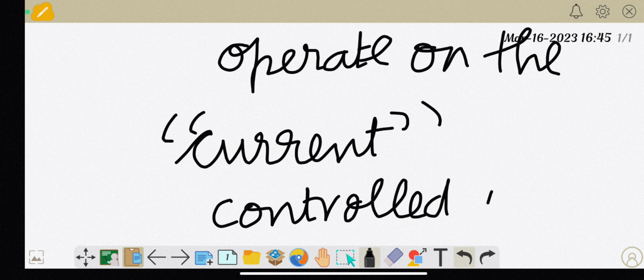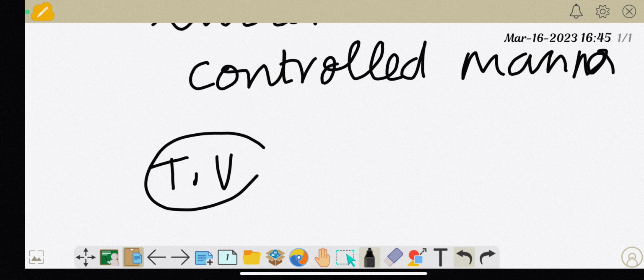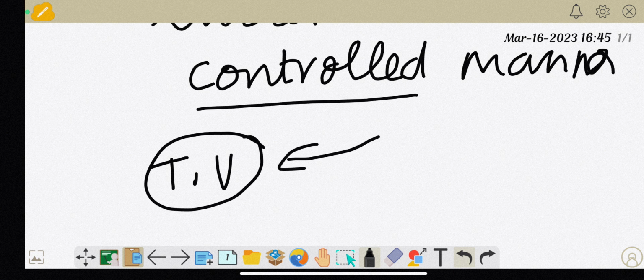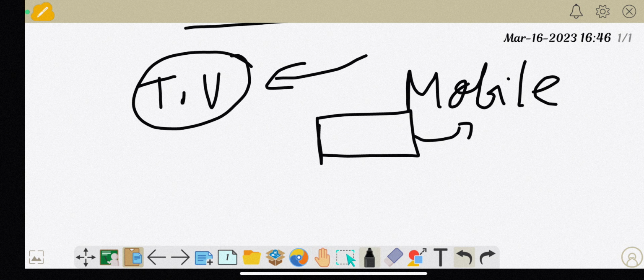If the current is not supplied in a controlled manner, what can happen? The devices can be damaged. If you have a TV, the current is flowing in a constant, controlled manner. In your mobile also there is a battery, and that battery supplies the current in a controlled manner. In this chapter the battery has a very important role.